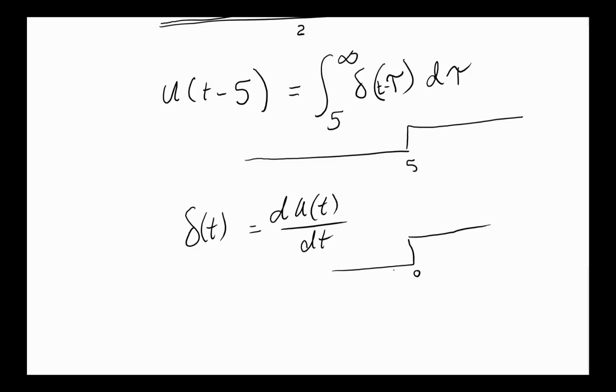If you take its derivative, it's going to be 0, and the only place it's going to be non-zero is right here. And we said that the magnitude is basically 1, and the only place it presents itself is at 0. Okay, so that's a step function.